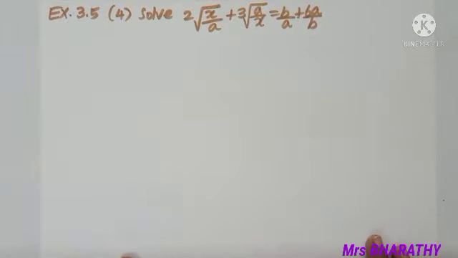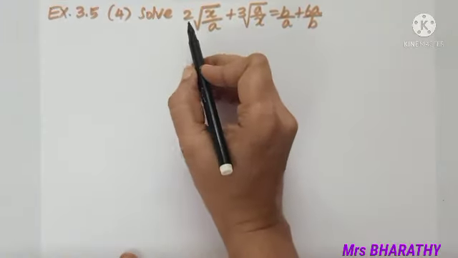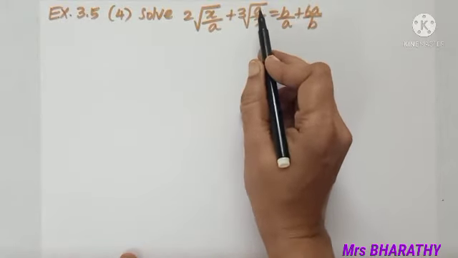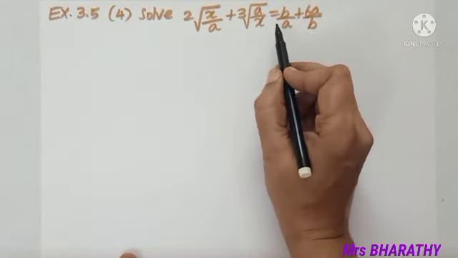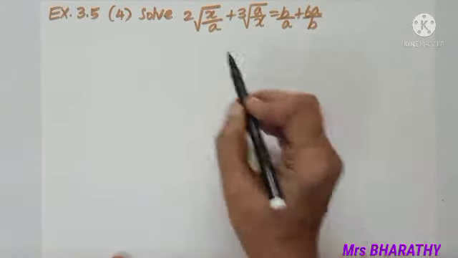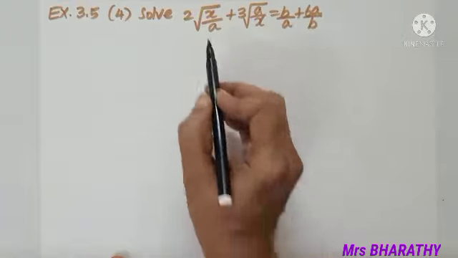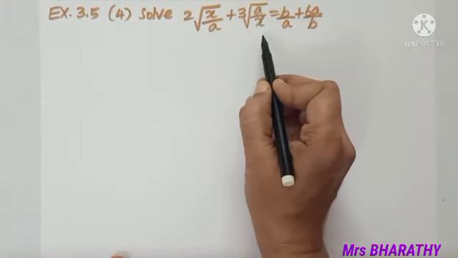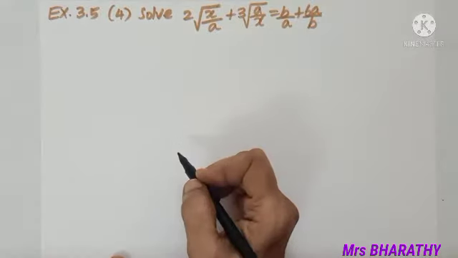Exercise 3.5, question number 4, solve: 2 root of x by a plus 3 root of a by x equals b by a plus 6a by b. As I look at the question, I have x by a, whereas here a by x. So these are reciprocals.